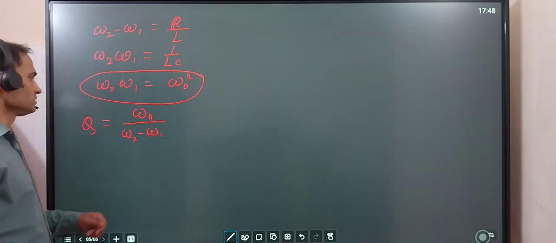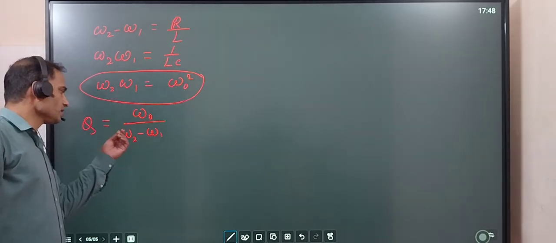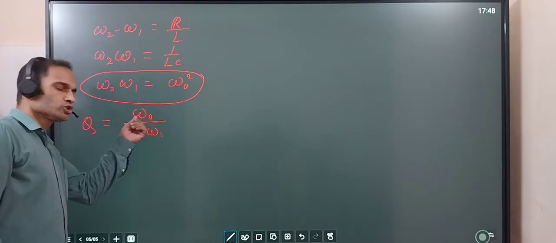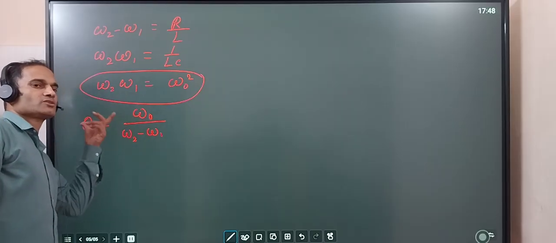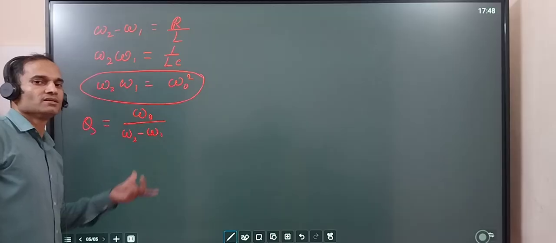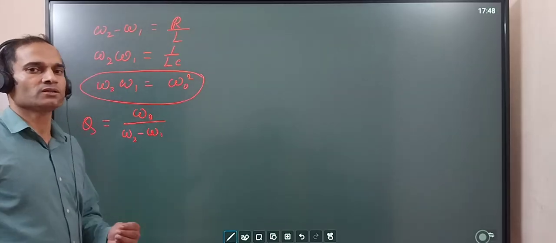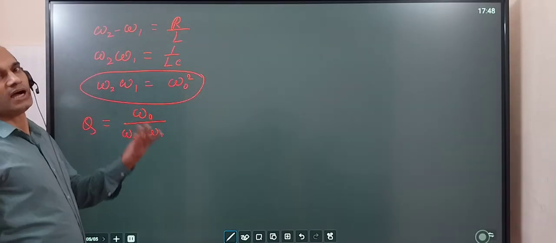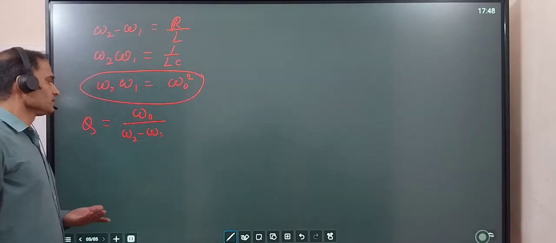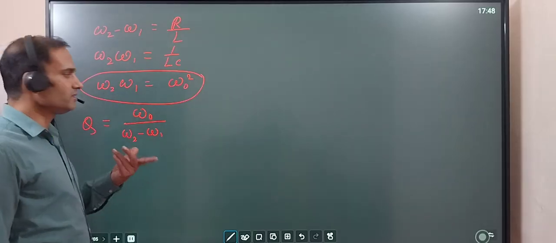Now see, if omega 2 and omega 1 are close to omega naught, this value will be very small and this quality factor will be high. Higher the quality factor, the quality of the electronic signal will be high, and lower the quality factor, the quality of the signal will be low.